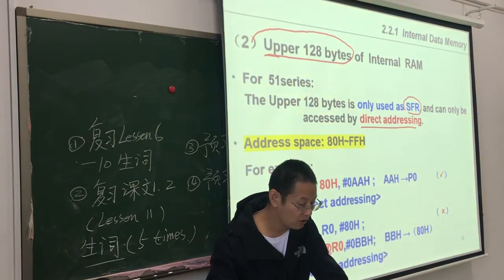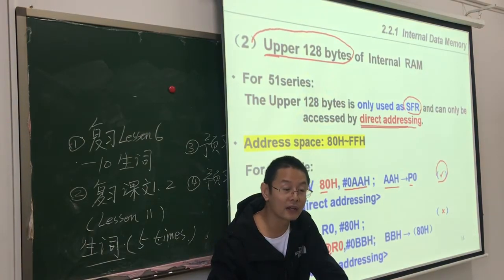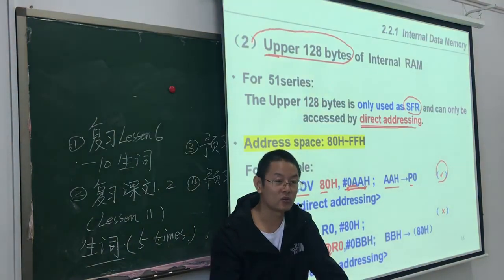For example, we use the code MOV P0, #0AAH, which means put AAH to port 0. This is correct because it uses direct addressing. Just use the address.